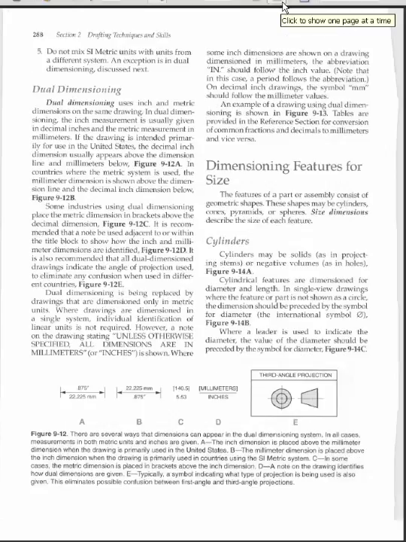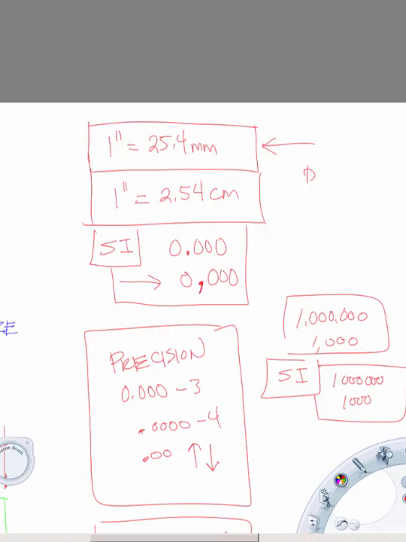And then it says, do not mix SI metric units with units from a different system. The only time we mix them, and we don't really technically mix them, is when we do dual dimensions, or dual dims. That's when you have one number and then parentheses or brackets with the second number, the English equivalent.